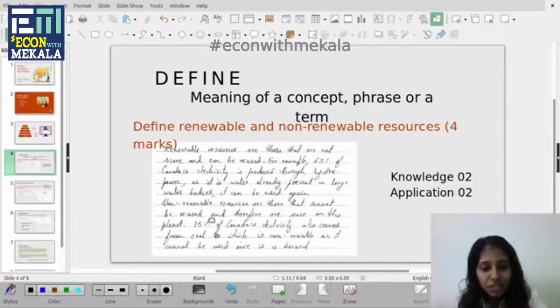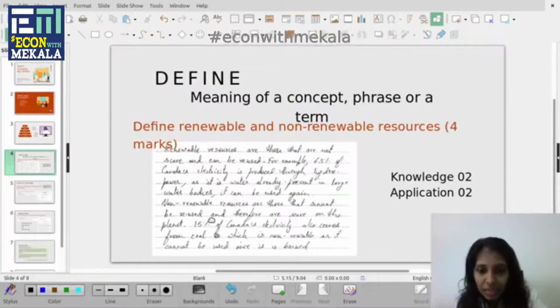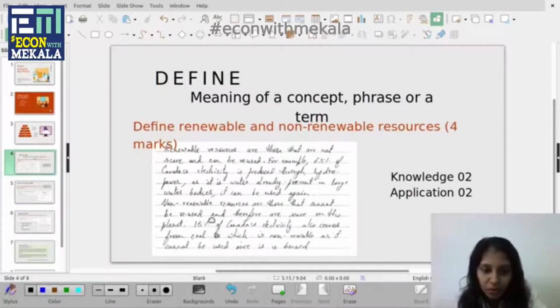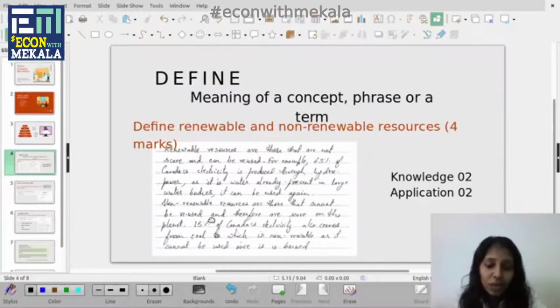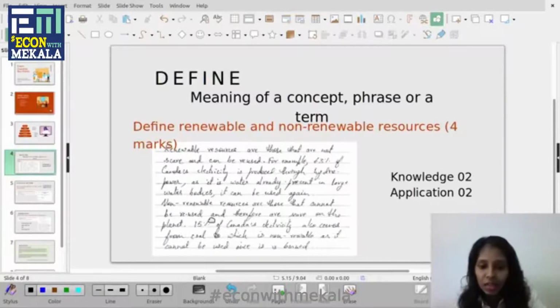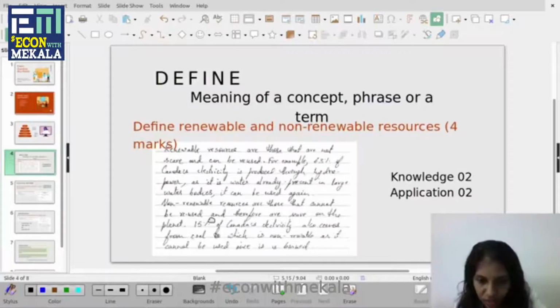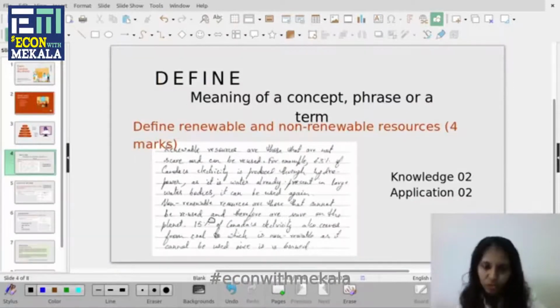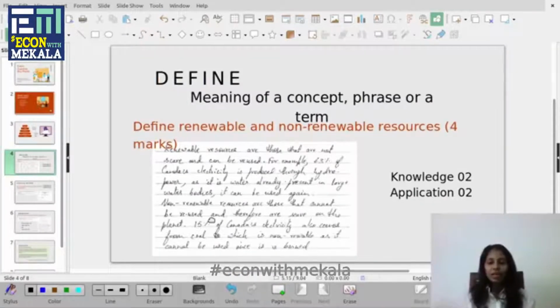So 15% of Canadian electricity also comes from coal, which is non-renewable as it cannot be used once it is used. So you can see with his example he gives the explanation of his understanding.